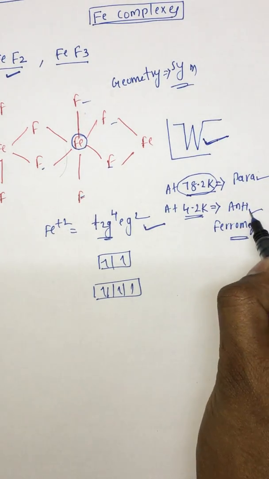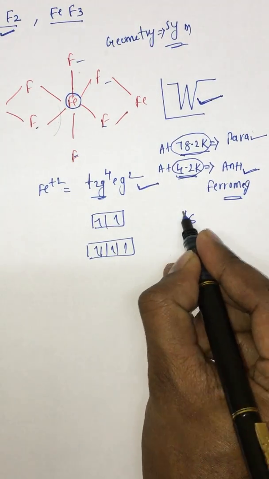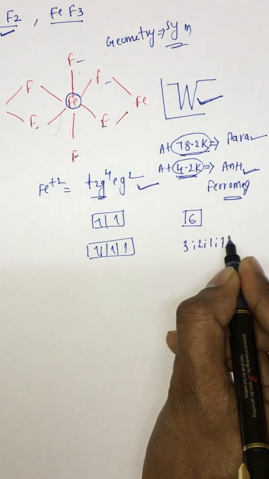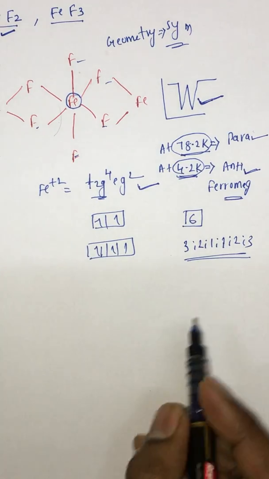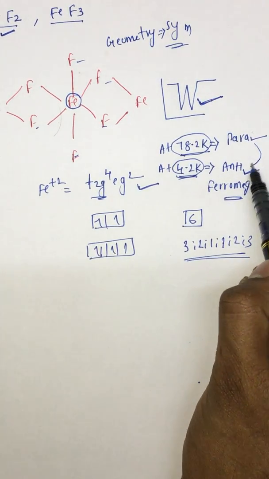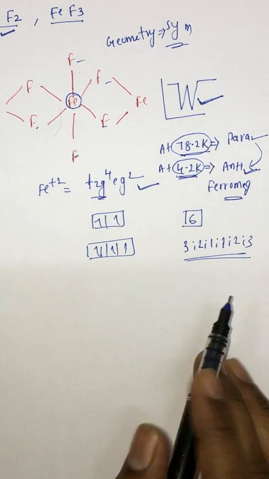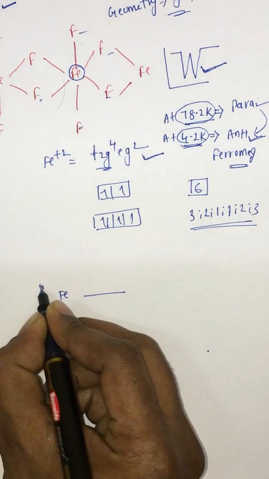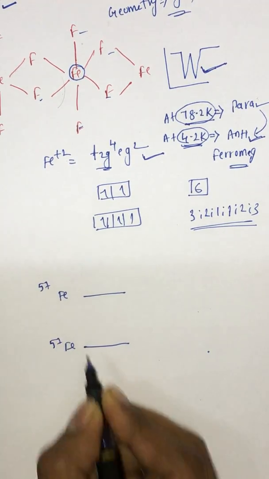So when we record the spectra at 4.2 Kelvin, we will get a 6-line signal in the ratio of 3:2:1:1:2:3. In this ratio we will get 6 peaks, because when it changes from paramagnetic to antiferromagnetic in nature, the magnetic interactions come into the picture. Because of those magnetic interactions, further splitting takes place. So we have iron 57 in the excited state, and here we have iron 57 in the ground state.